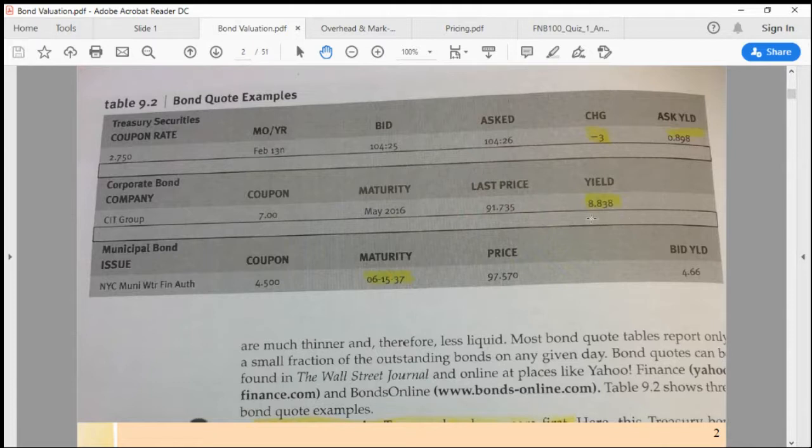So you can tell in this case, CIT Group is paying like this 7% coupon rate. And think about it. You understand Treasury is the safest asset in the world. And so that's why Treasury is also called the risk-free.